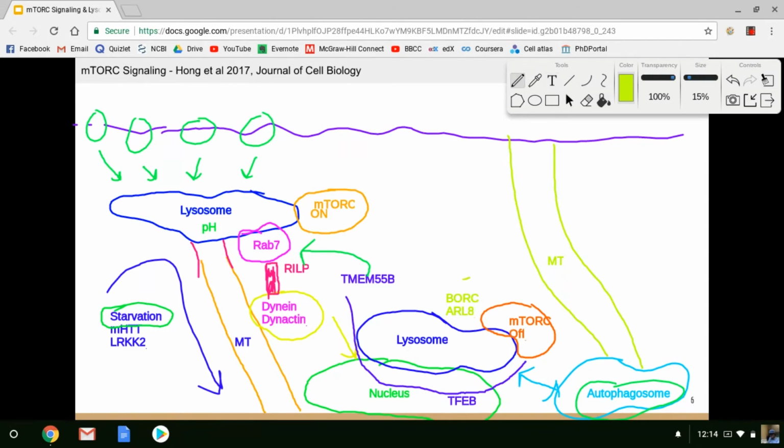So they form a complex on perinuclear lysosomes. And so BORC somehow is recruited first to lysosomes. BORC then recruits RL8. And RL8, when it's bound to GTP, binds to an effector. The effector for RL8 is this other protein called SKIP.